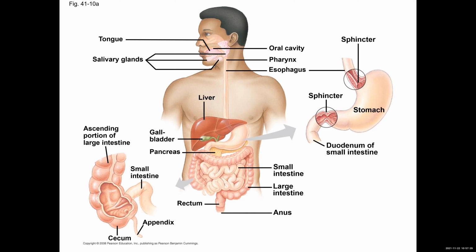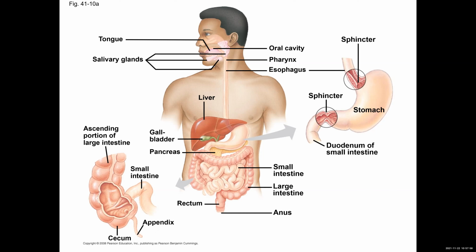The liver is the next major accessory gland, and it is an incredibly dynamic and complex body organ. It's a powerhouse of biochemical functions. It has over 500 chemical reactions that it does. Specifically related to digestion, it's going to produce a substance called bile.